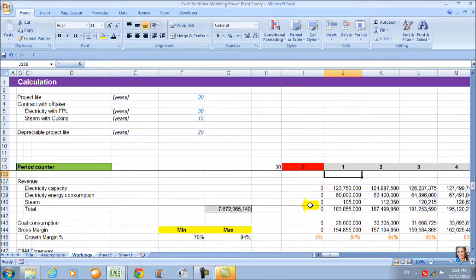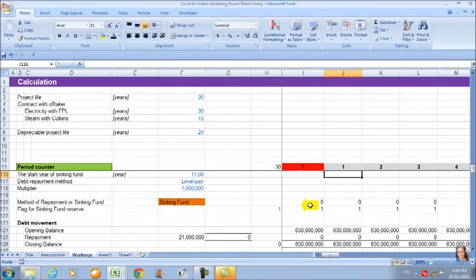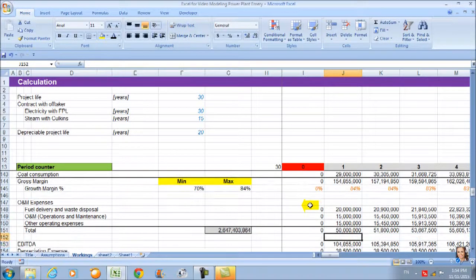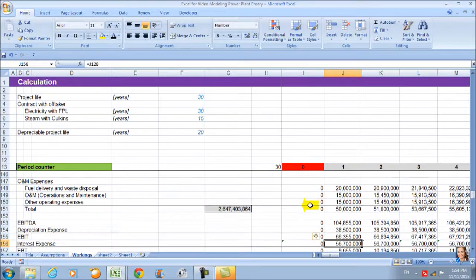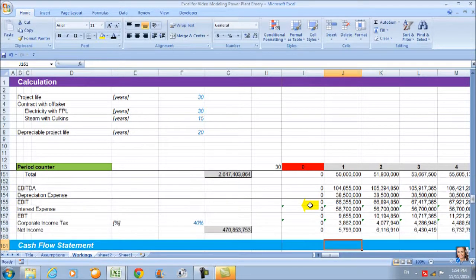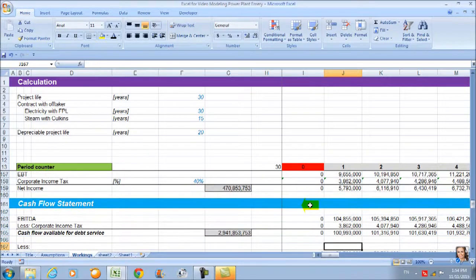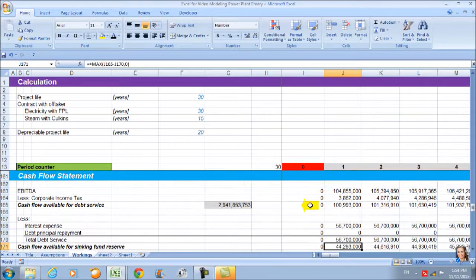EBITDA is this one, 104, 153. Yes, that's your EBITDA. So EBITDA minus corporate income tax, so this is after tax, and then you have interest expense and debt principal repayment.